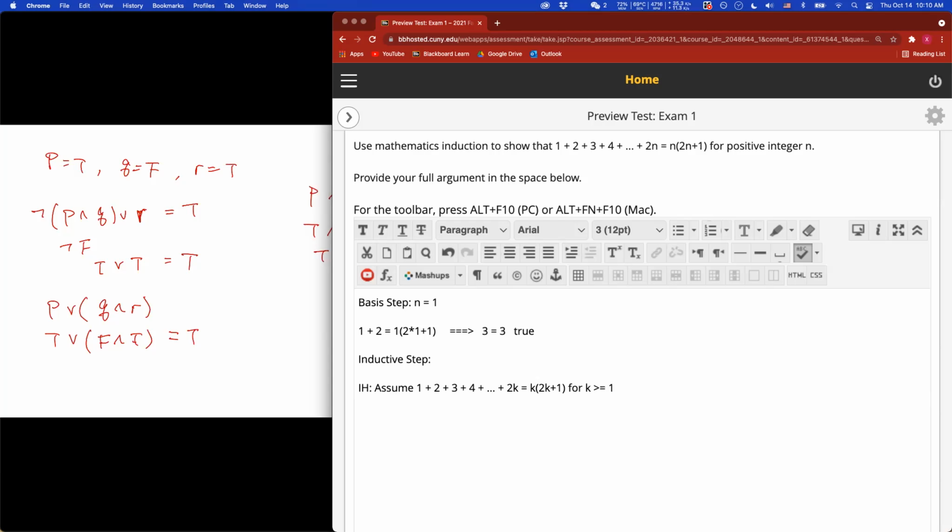Or you can just say for positive integer k. And then you want to show 1 plus 2 plus 3 plus 4 plus, up to 2 times k plus 1, which will be your last term, equals k plus 1 times 2 times k plus 1 plus 1.